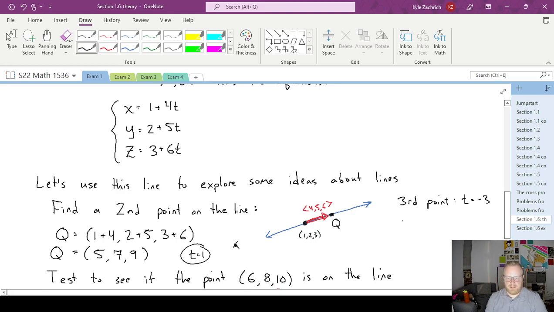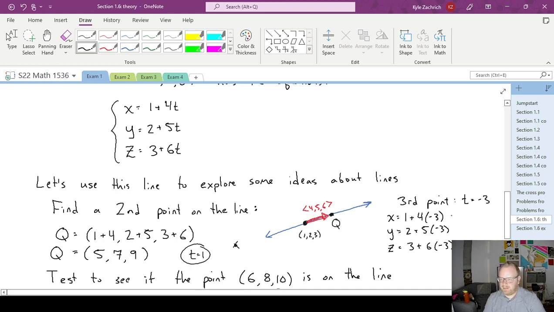So this point here, let's call this point R. X is equal to 1 plus 4 times -3. Y is equal to 2 plus 5 times -3, right? Just going off of this formula here. Z is equal to 3 plus 6 times -3.